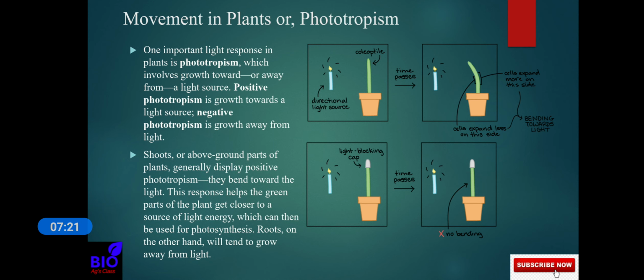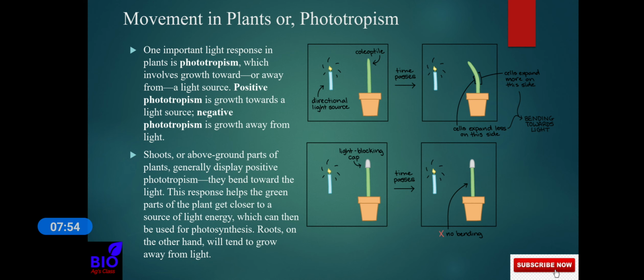Shoots, or above ground parts of the plants, generally display positive phototropism. That means they bend toward the light, which you can see on the right side of your screen. When the shoot is getting light from its left side, it bends towards the light.